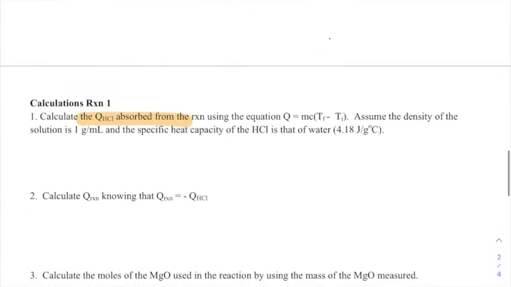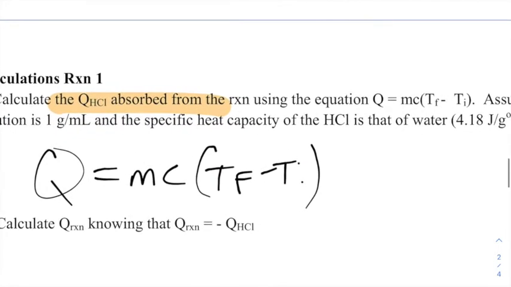So that is going to be equal to mC delta T, or if you'd prefer, T final minus T initial, right? Okay, and we want the Q that the water calorimeter system absorbed. Really, it's the hydrochloric acid and the magnesium oxide, but again, we're assuming that it's mostly water.